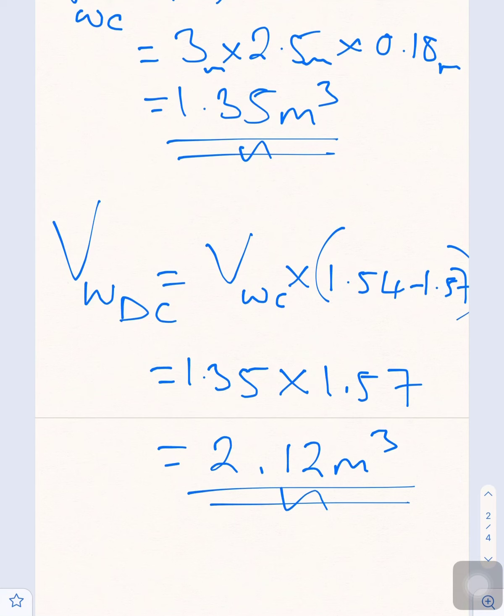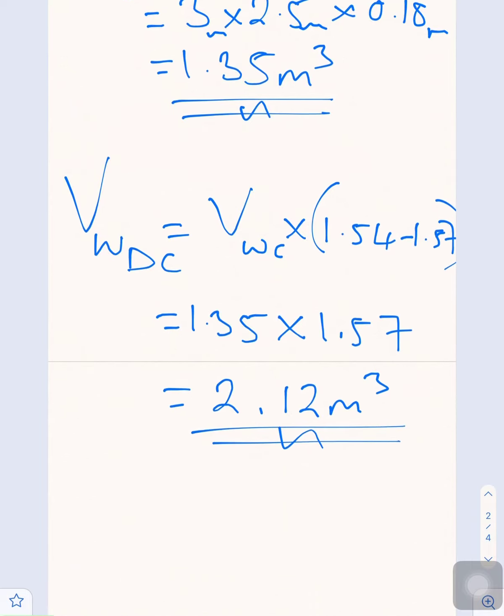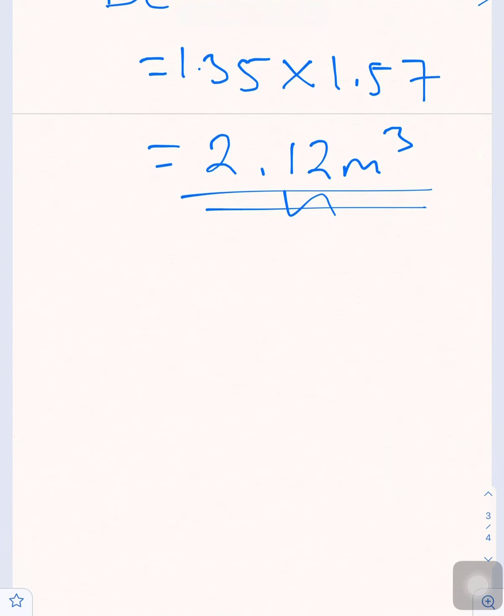So now that you have this volume of dry concrete, you are now going to calculate the exact amount of cement. Remember the ratio 1 to 1.5 to 3. So let's consider now cement in our case.